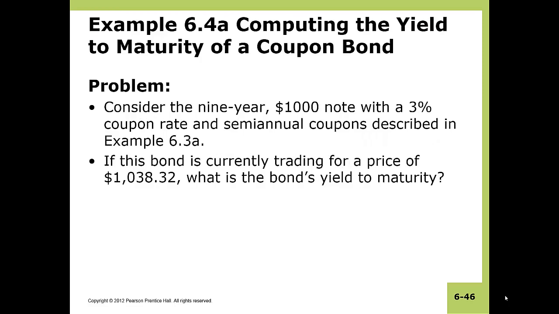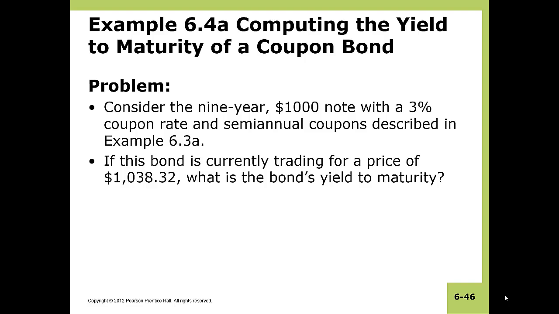Let's do one more of these. This is the 9-year, $1,000 note, 3% coupon rate, semi-annual coupons. If this bond is currently trading for a price of $1,038.32, what's the effective interest rate, or the yield to maturity? So put this into your calculator as we did before.